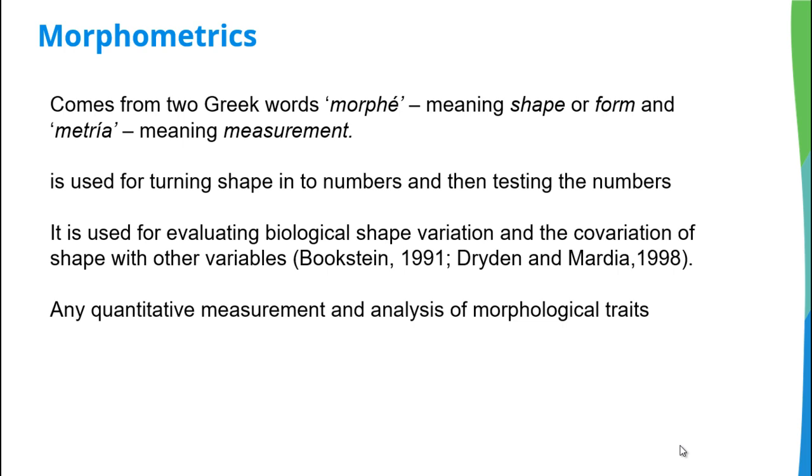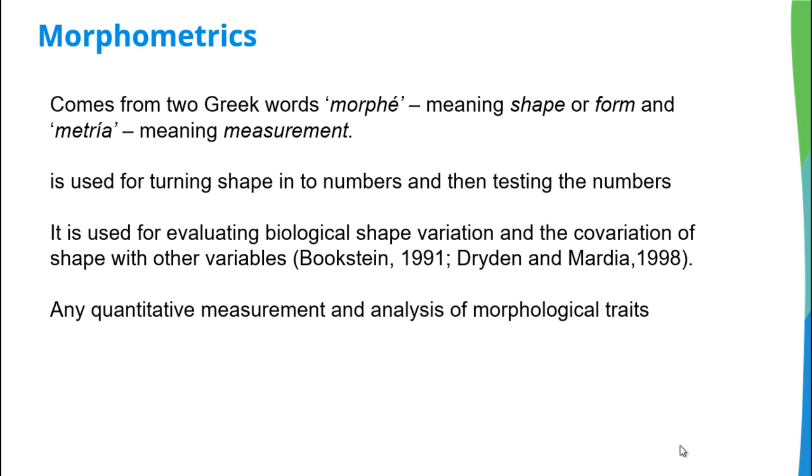Which means you can combine different kinds of shape from different sources and look at how they covary. Any quantitative measurement and analysis of morphological traits is also referred to as morphometrics.